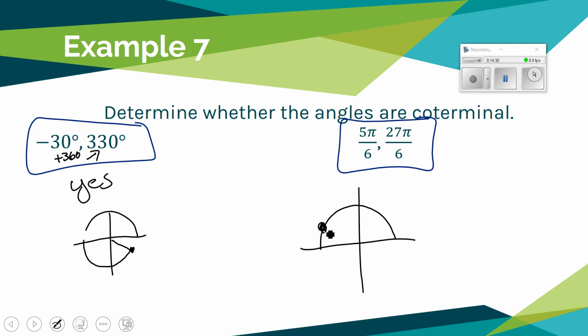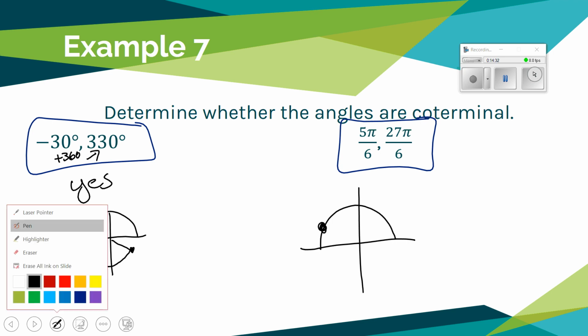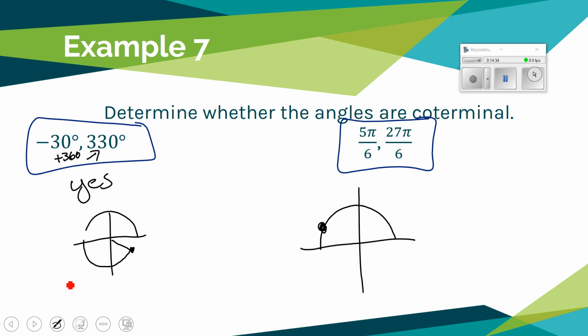If I go all the way around, 6 pi over 6, then keep going, that would be 12 pi over 6. And so this would be 18 pi over 6, but if I back it up, where would this be? 17 pi over 6. Okay, so we know 17 pi over 6 is coterminal with 5 pi over 6.